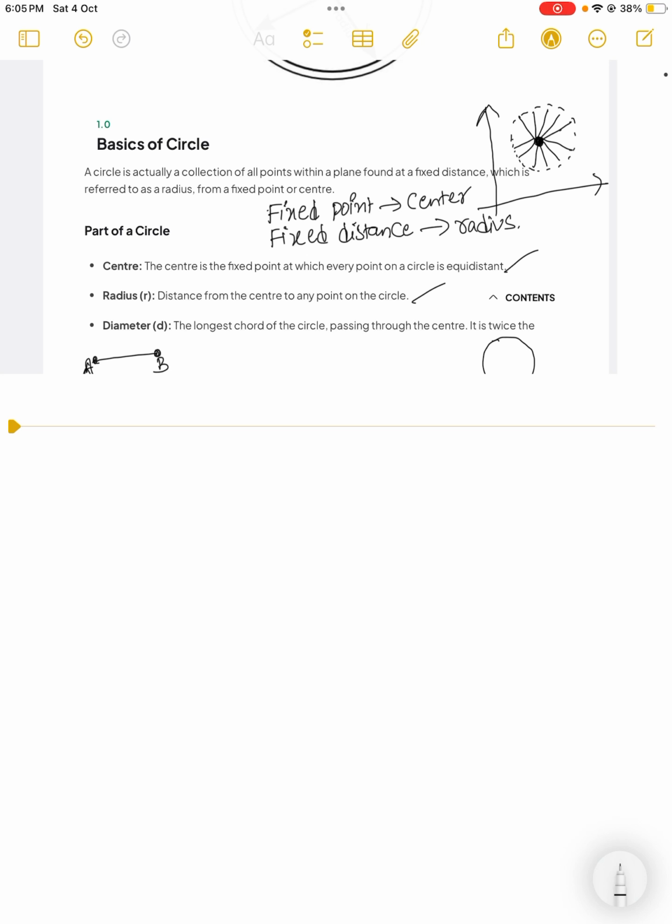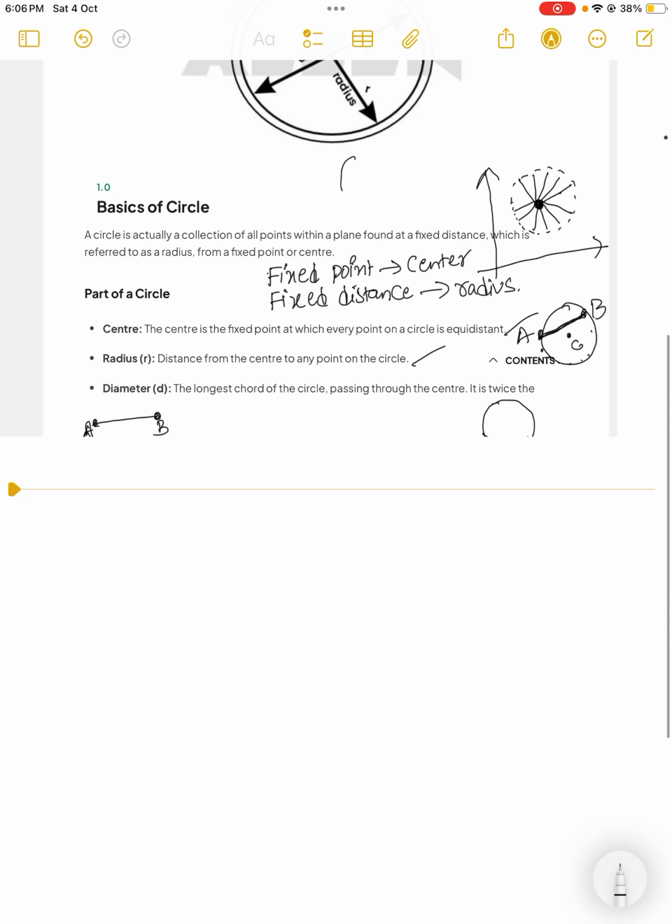This is the circle, and infinite points lie on it. We take any two points A and B on the circle. This is the center C. Joining these two points on the circle, AB is called a chord.